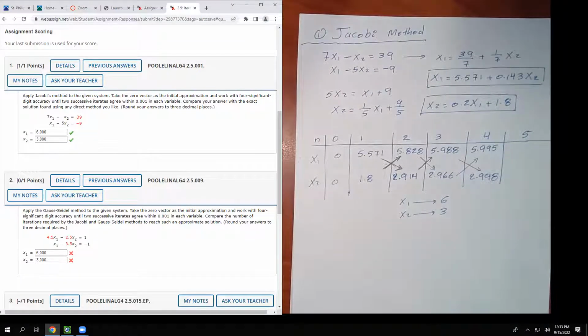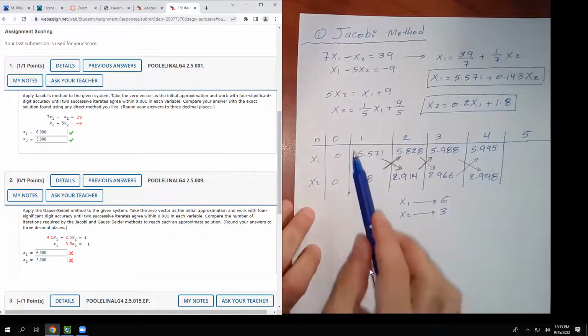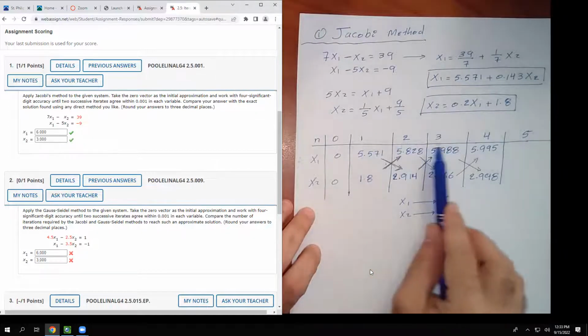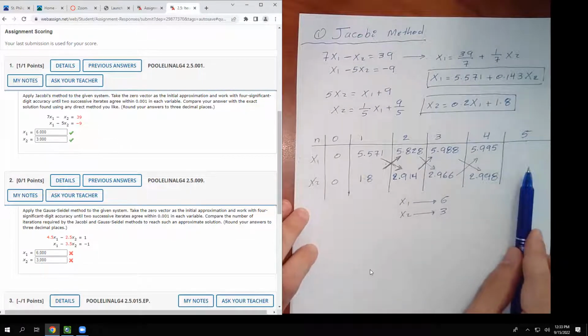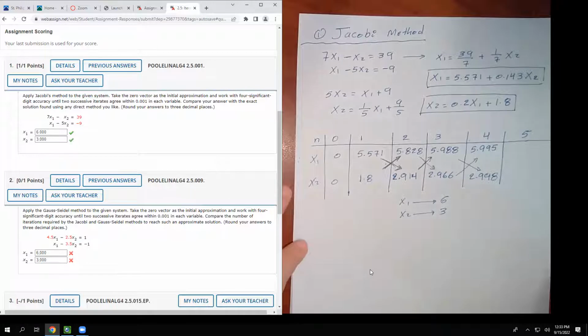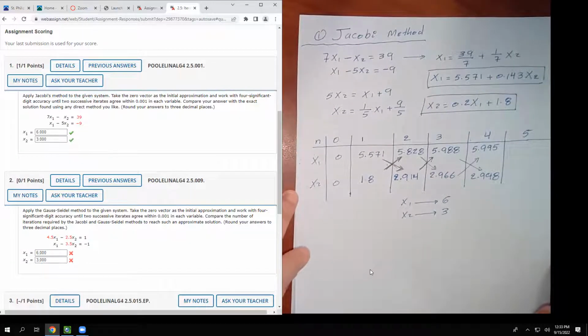So this is the Jacobi method, and you will see the solution keep going to the exact solution, which is 6 and 3. But if you check the other method, the Gauss-Seidel method, it's going to be different.